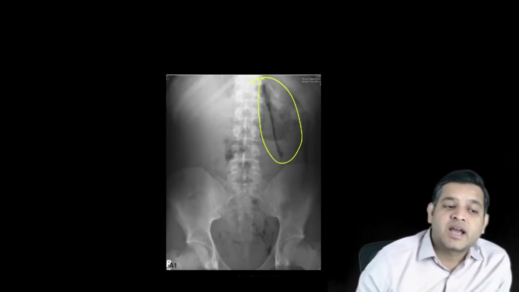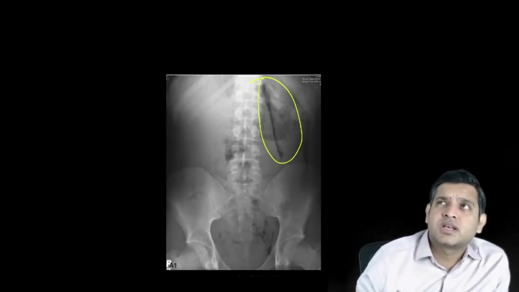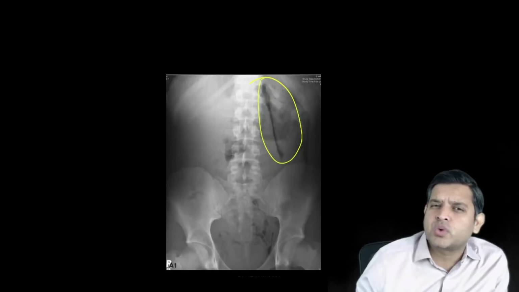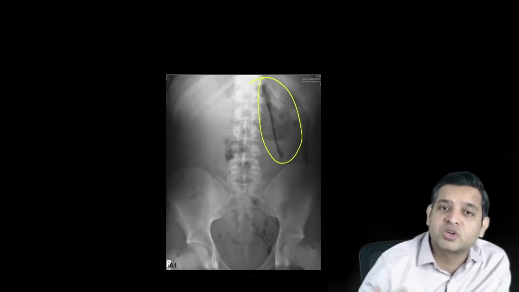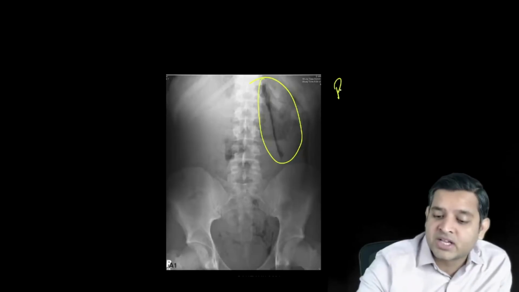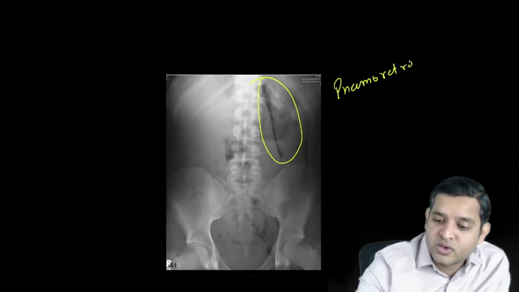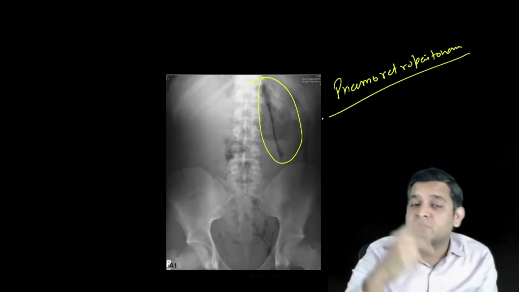If air is outlining the psoas muscle, you are thinking it's free air, but you know psoas is not a part of the peritoneum. It is behind the peritoneum. So this is not pneumoperitoneum. It is actually, yes, anybody? Retroperitoneum.